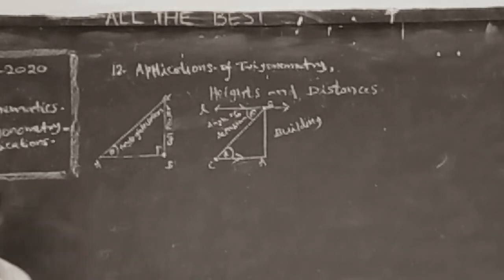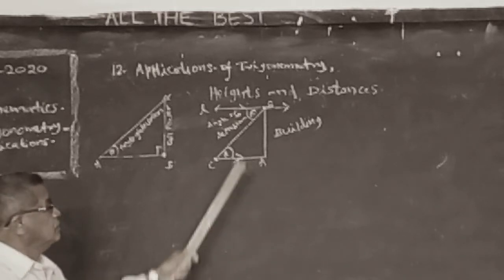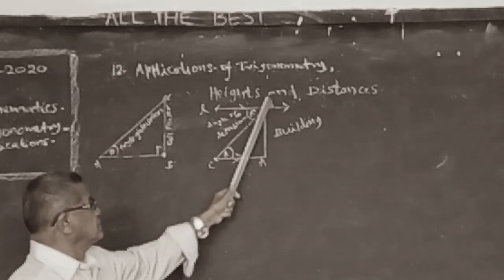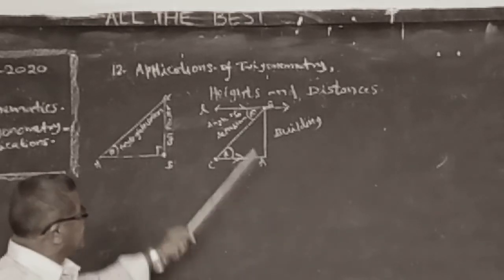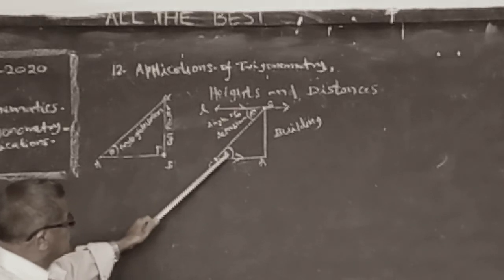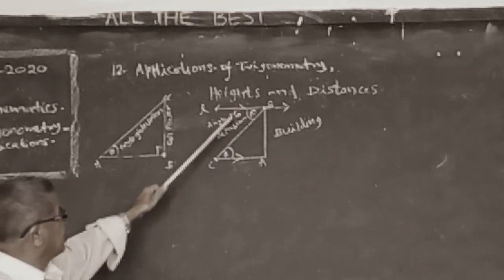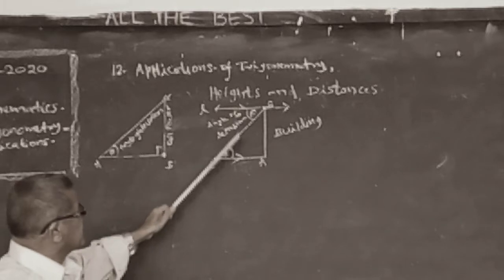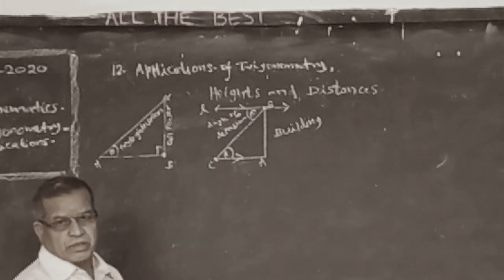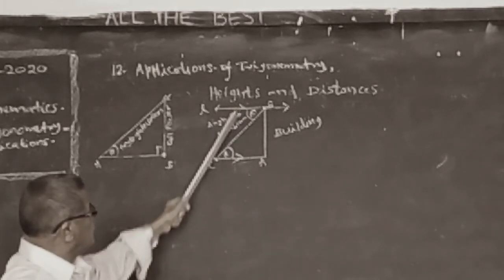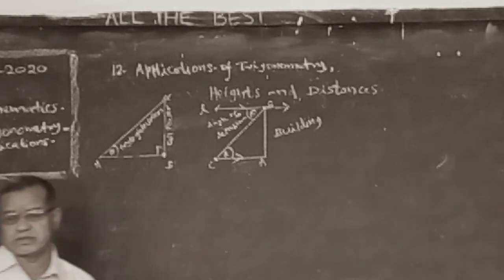Observing from ground to top, it is angle of elevation. Observing the objects on the ground from top to bottom, this is angle of depression. Again the same angle should come here because alternate angles are equal, but we have to show it on the figure.